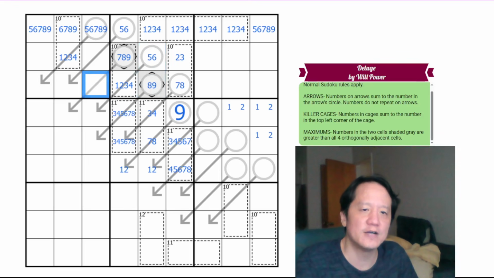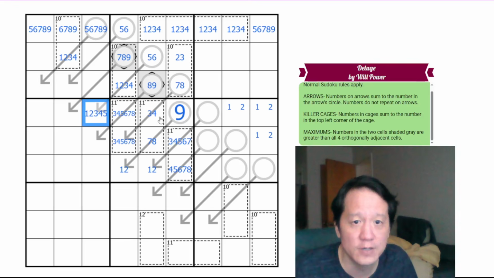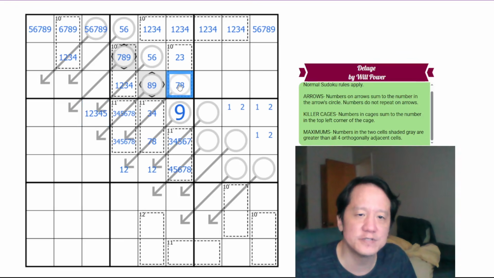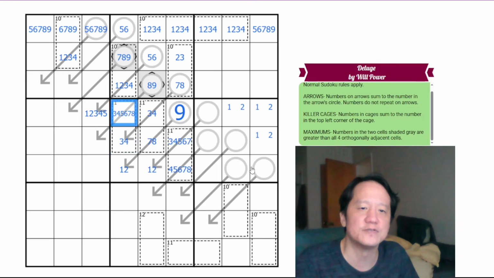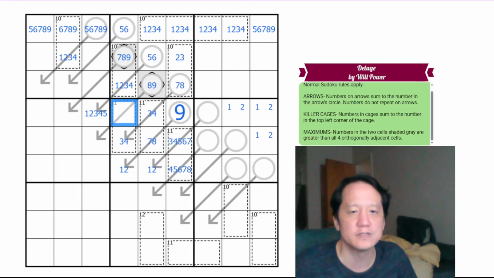If this is 5, this would have to be 1 through 4 to add up to 5. If it's 6, you could have a 5 here. So this is 1 through 5 there. If this is 7, one of these has to be 3. So this is 3, 4. If this is 7, one of these is 3, which would make this 7, 8.